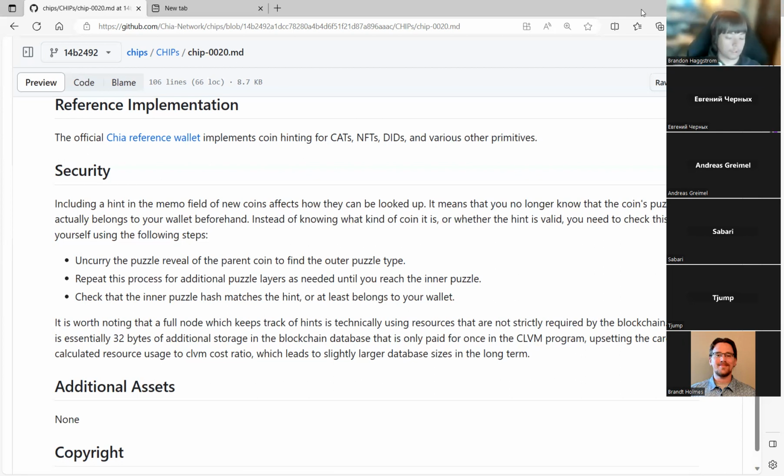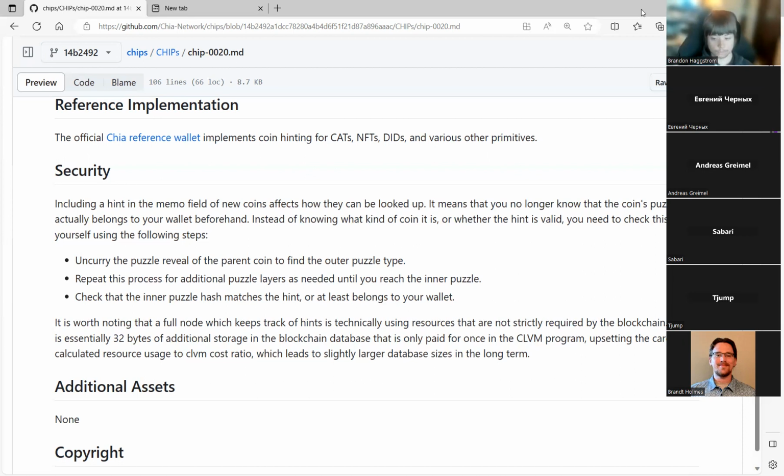I think the memo is part of the puzzle reveal and solution for the spend. So if you included a massive hint, it would count towards the 12,000 cost per byte restriction. So it would be very expensive to include a large hint on the coin.